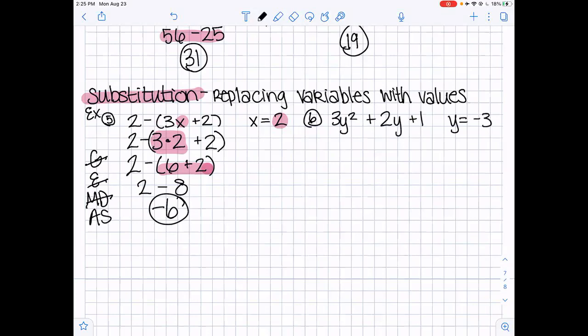Okay, 3y squared plus 2y plus 1 and y equals -3. So first thing we got to do, replace all these y's with a -3. So 3 times (-3) squared plus 2 times -3 plus 1.